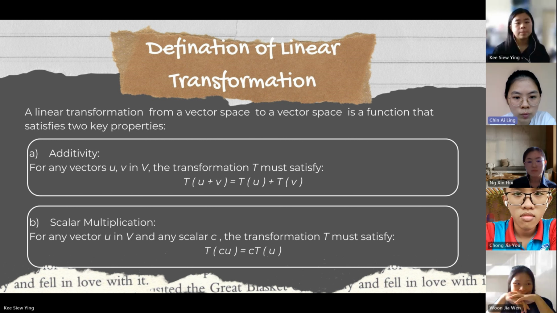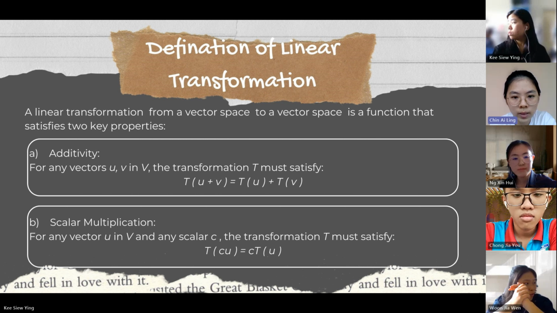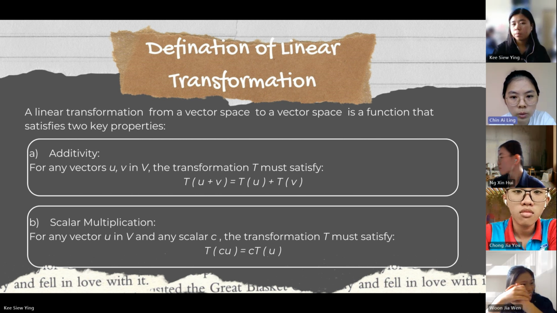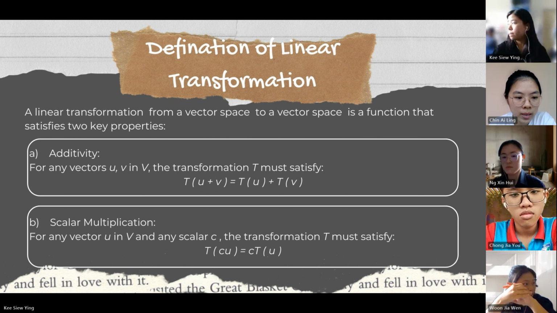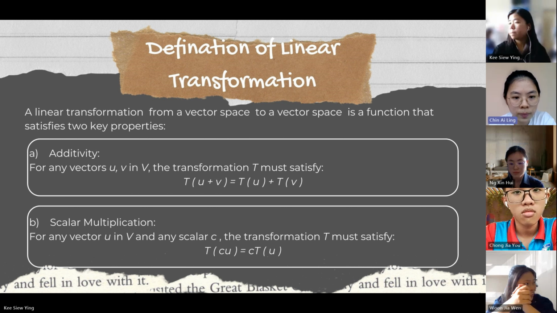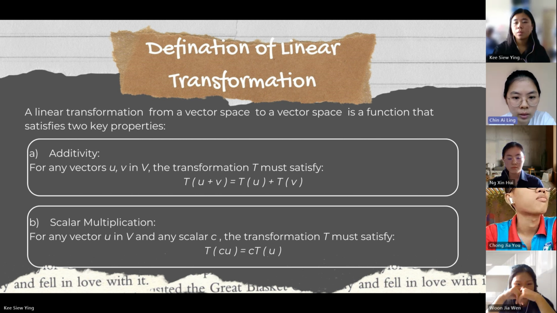For any vectors U, V in V, the transformation T must satisfy T(U plus V) equals T(U) plus T(V). This means that the transformation of the sum of two vectors is equal to the sum of the transformations of the individual vectors. The second one is scalar multiplication. For any vector U in V and any scalar C, the transformation must satisfy T(CU) equals C T(U). This means that the transformation of a scalar multiple of a vector is equal to the scalar multiple of the transformation of the vector.